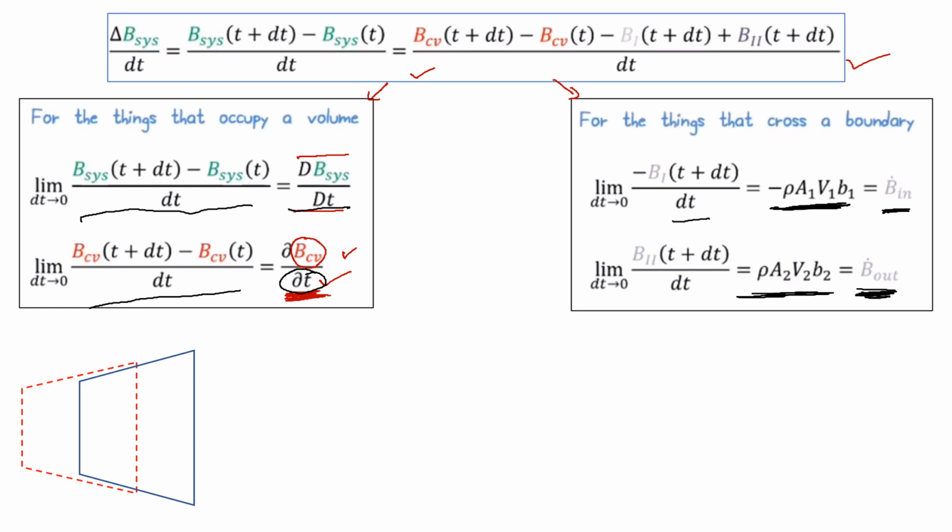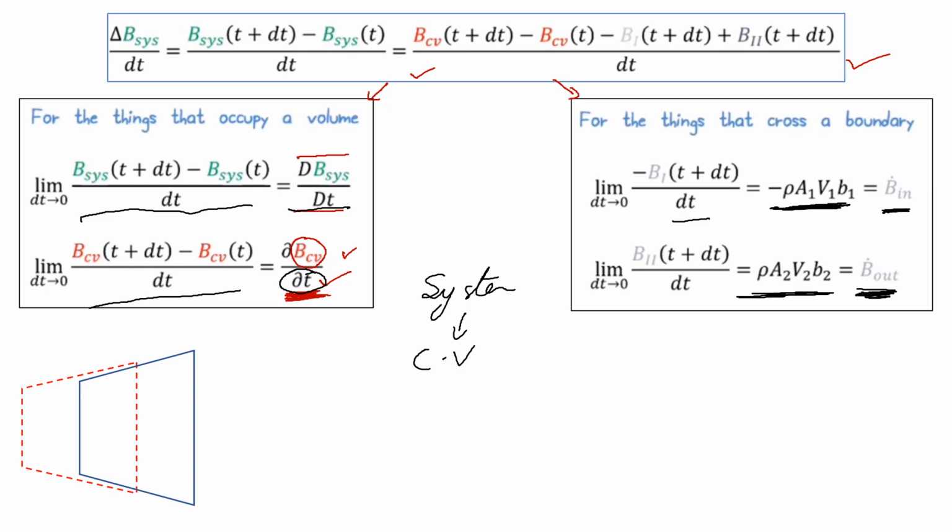So before going any further, again I would like to remind you why we are doing this. We were doing this to develop a relation between our system and our control volume.